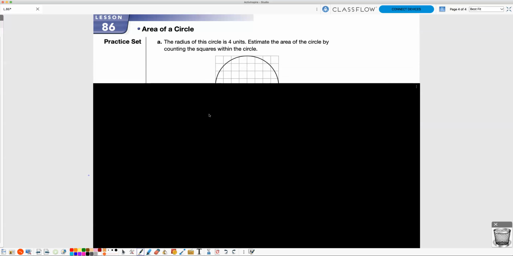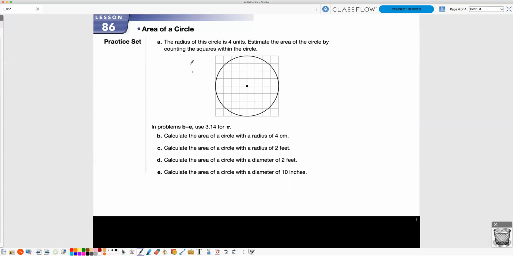So using that formula, let's try these here. On this first one, it says estimate the area by counting the squares within the circle. Just looking at the ones that would be considered whole, go ahead and count those and estimate the area of that circle by counting.